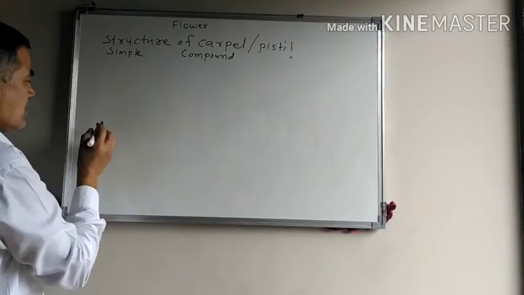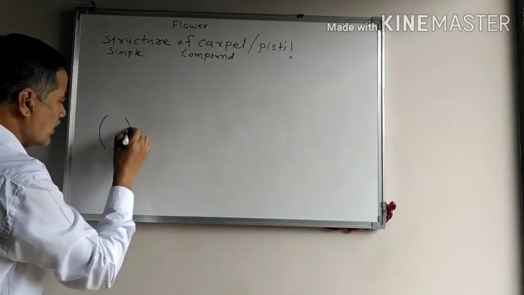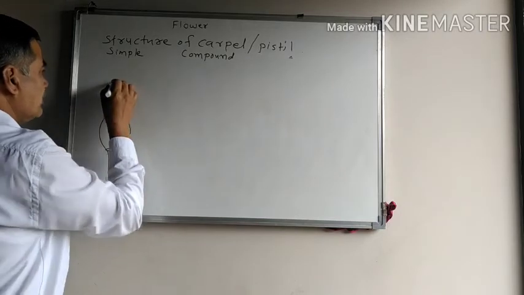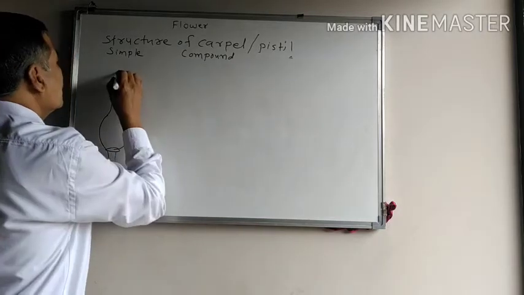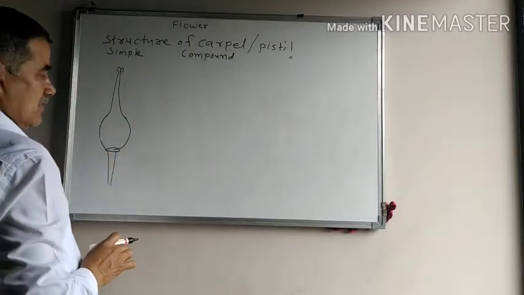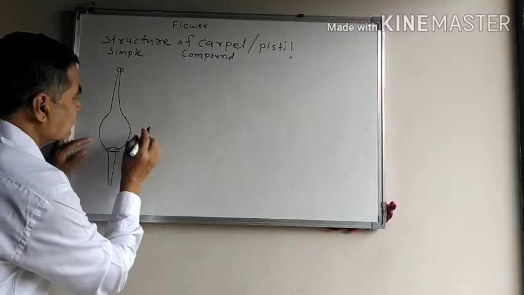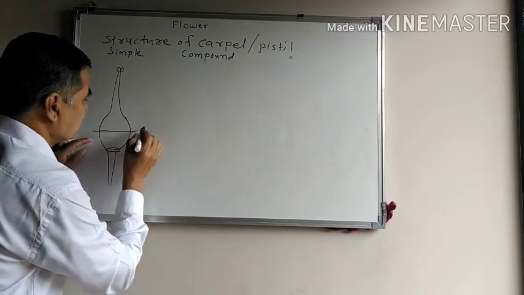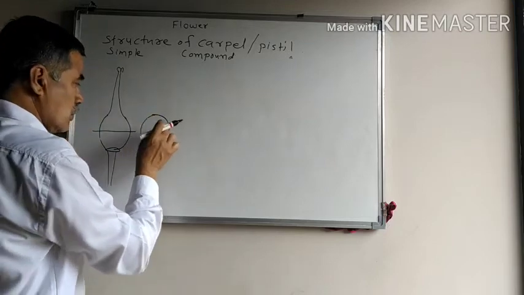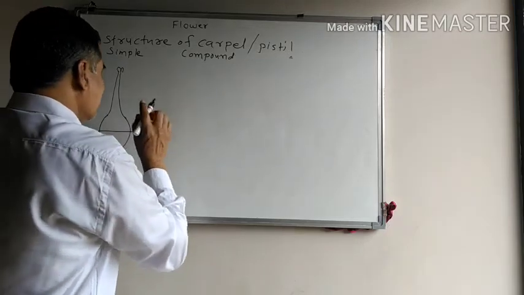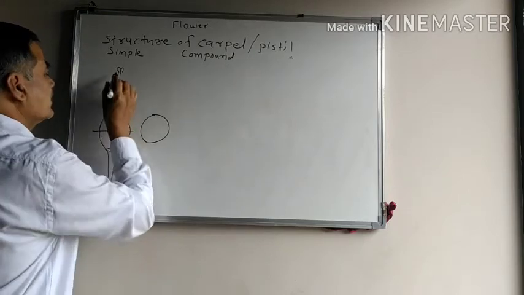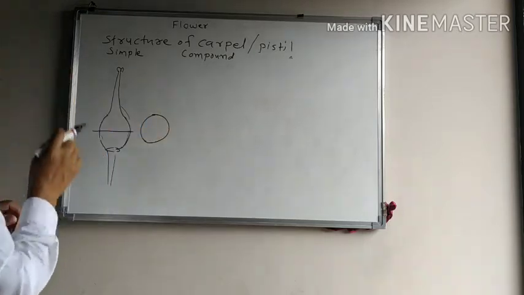Here in the carpel, there is the ovary. It is made up of only one carpel. If the transverse section is taken, it shows a unilocular structure. This ovary wall together forms a single carpel ovary.